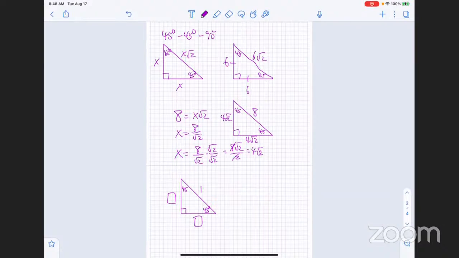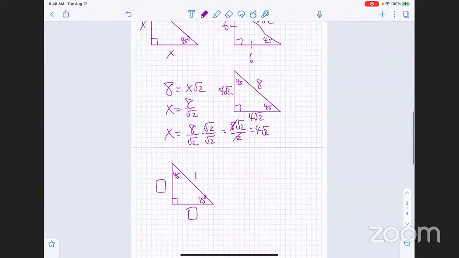Is it 1 over square root 2? You've got to rationalize it. That makes square root 2 over 2. Why? Because 1 equals x square root 2. If you set the ratio, 1 equals x over square root 2, you need to rationalize, so square root 2 over 2 equals x.